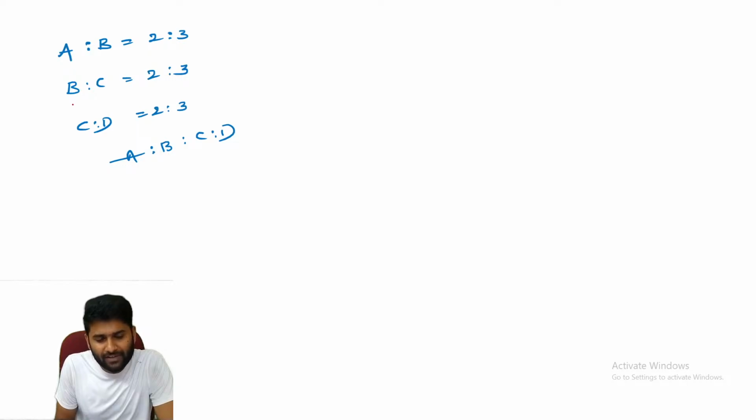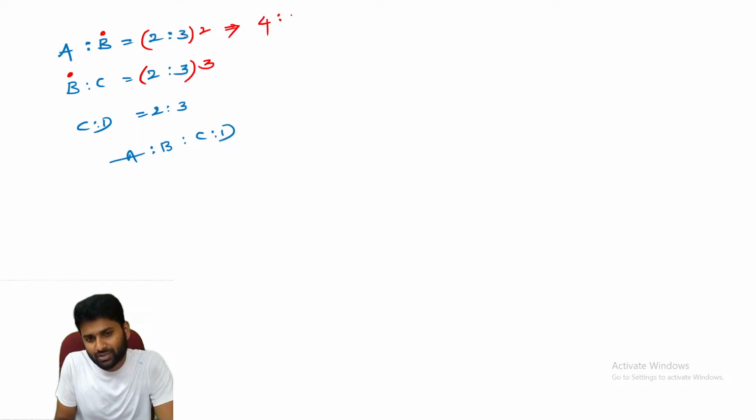If you compare first two expressions, you can able to see that B is the common element. Guys, if B is the common element, we have to equate the B's position. How we are going to equate the B's position? Just multiply BC with a 3, multiply AB with a 2. Now we are going to change the new values, guys.